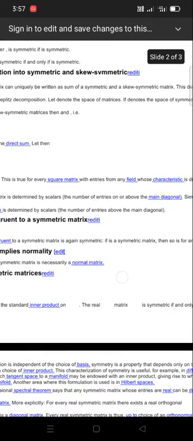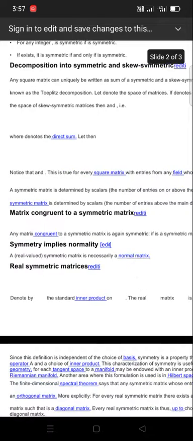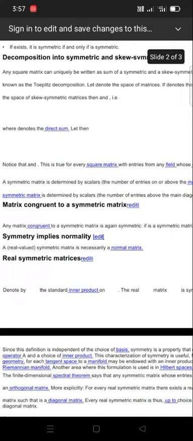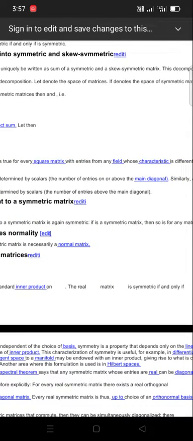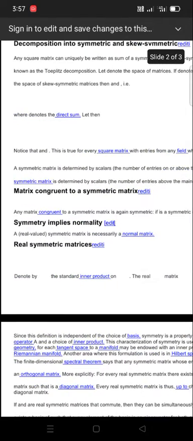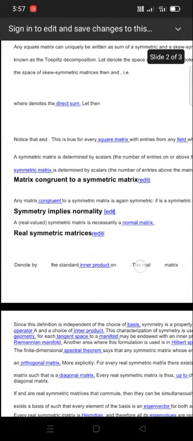With entries from any field whose characteristic is different from two, a symmetric matrix is determined by n(n+1)/2 scalars, the number of entries on or above the main diagonal. Similarly, a skew-symmetric matrix is determined by n(n-1)/2 scalars, the number of entries above the main diagonal.